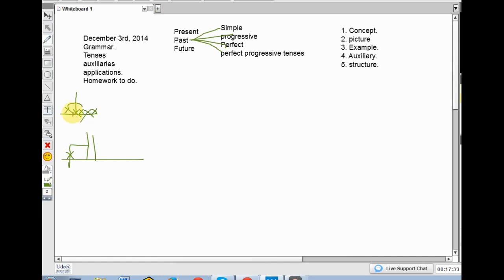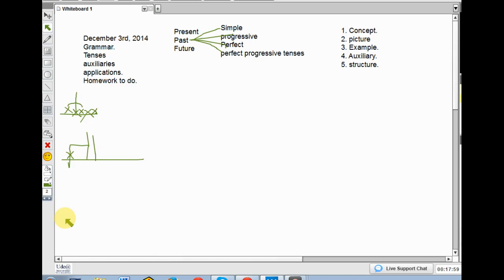So the picture for the progressive tenses could be like this symbol. The picture for the perfect tenses could be something like this. Well, as I said, this is the representation I get. You can do a different representation. So here we have, this is the present, and this is the past, so it's an action that happened before another action that was in the past. Okay?